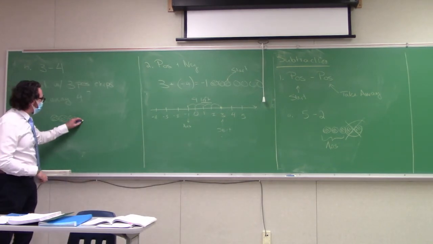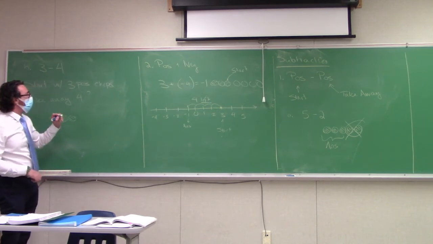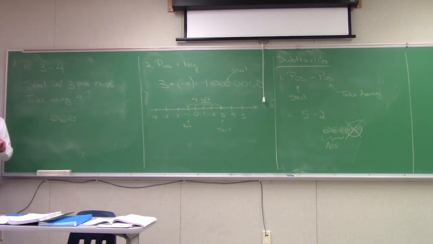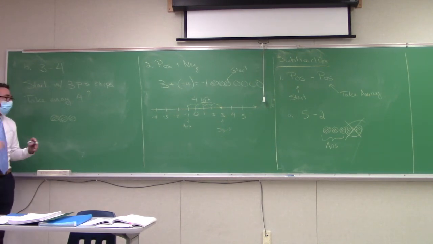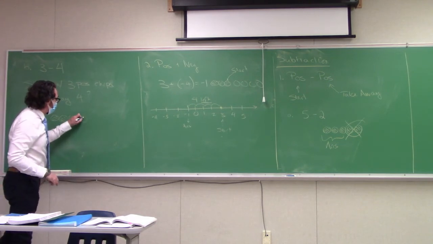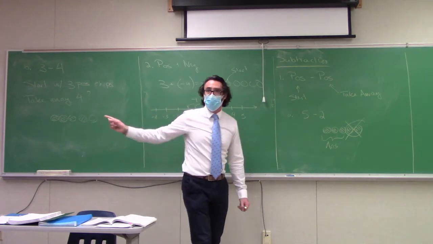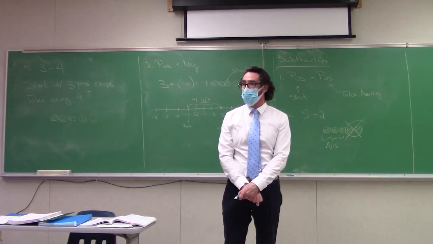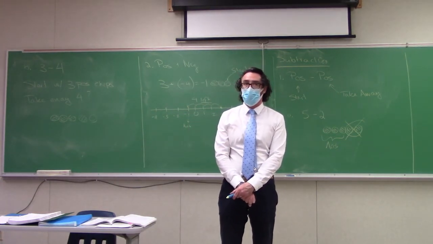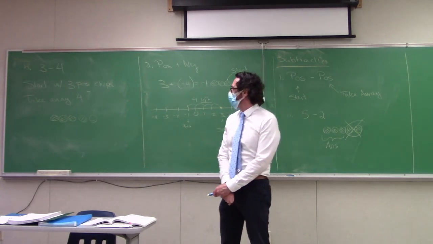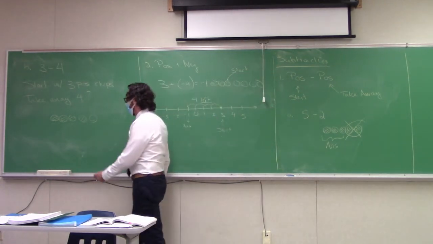Okay, do -6, but then the 3 would cancel out. Okay, right, so now we're getting closer to the idea that we need here. I got 6 positives, 3 negatives. How about this? What number is being represented on the board there? -3. Really? 3. Just 3. Right, just 3.